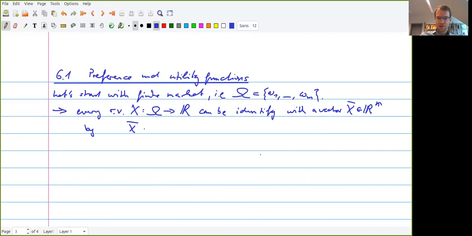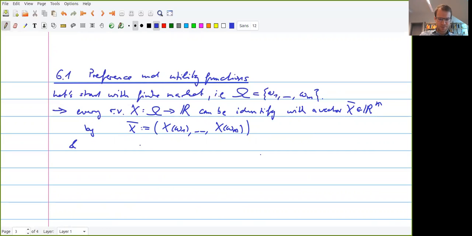So x bar is just defined by evaluating my random variable at these m possible scenarios on my sample space. This is what we have done to prove the first fundamental theorem on asset pricing, and actually the second one.